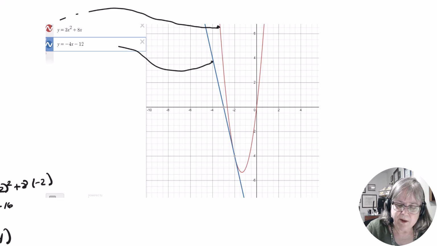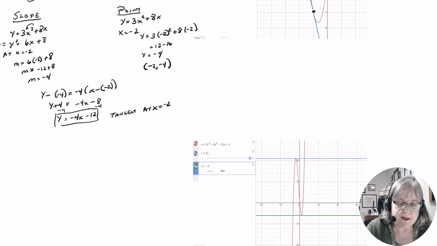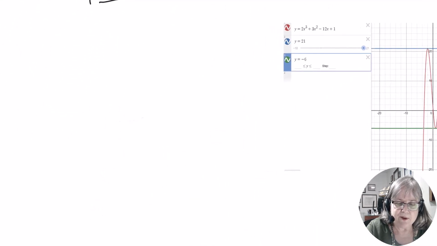And see right here at x is equal to negative 2, see how the blue and the red for just this instant touch each other. So you can see that the tangent is verified. And you can use your calculator to say, okay, does that look right? And yes, it is. Okay, let's do a different version of this.